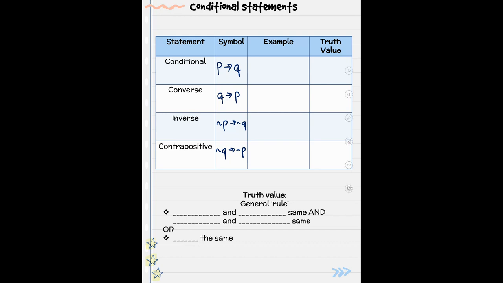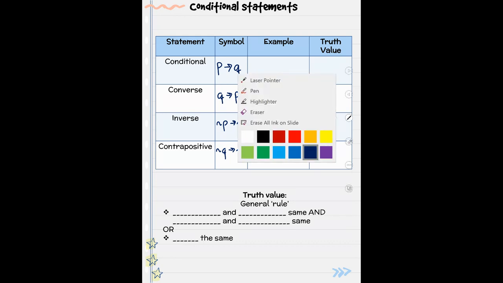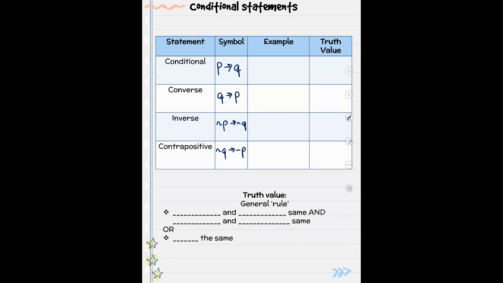Okay? So our example is going to be, if an animal is a beagle, then it is a dog.